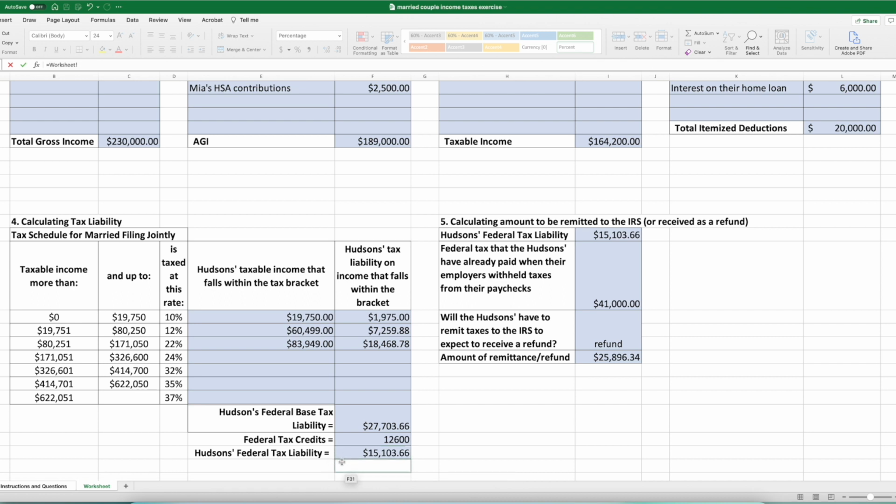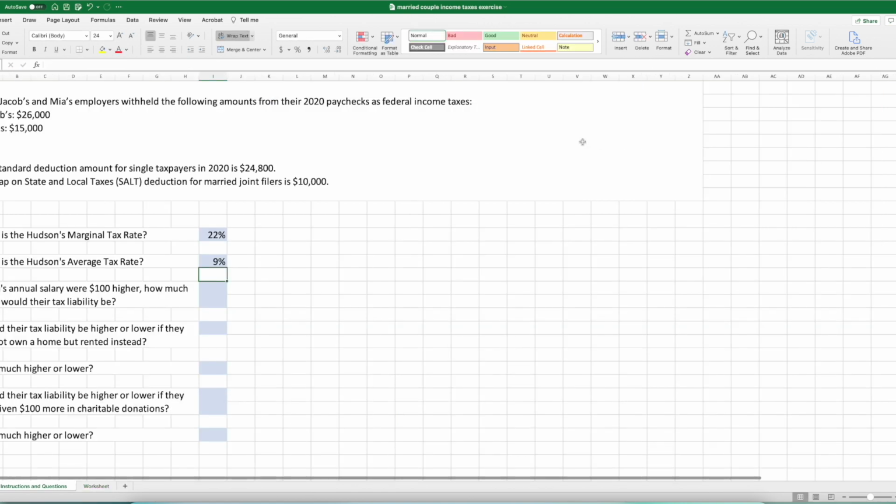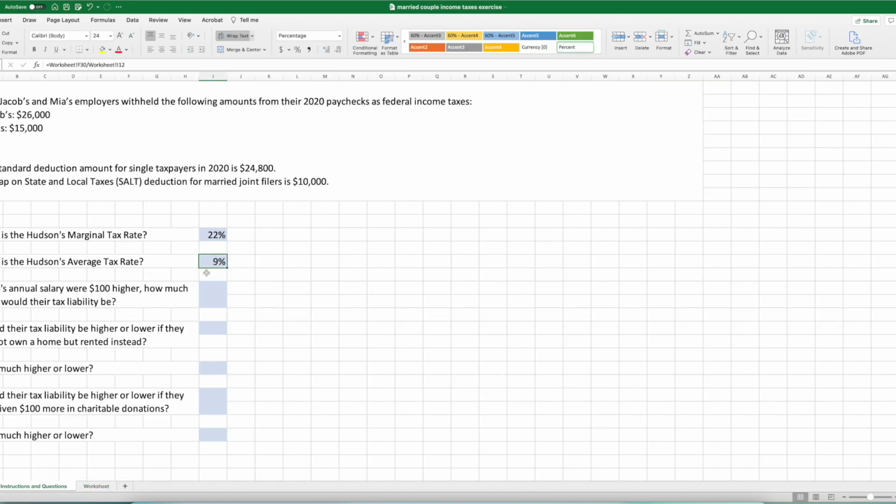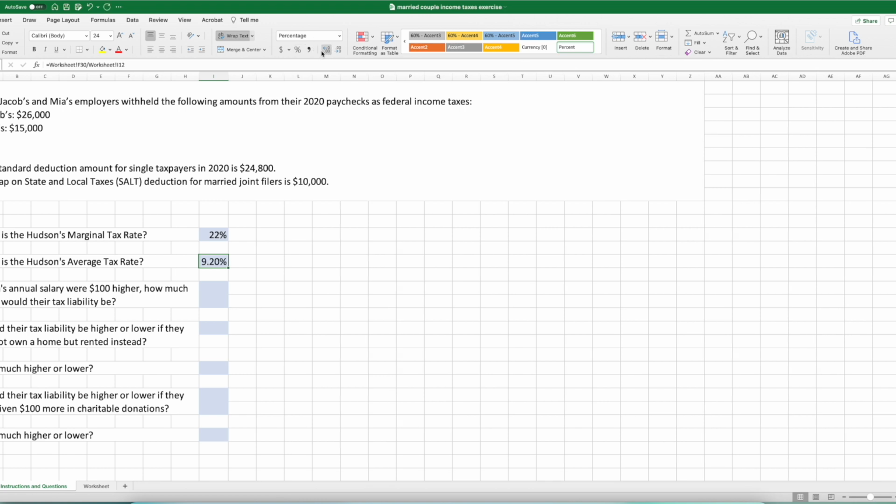Their tax liability is $15,103. So I select that cell, and then I divide it by their taxable income. And then I press enter, and it tells me that their average tax rate is 9%. If I increase the decimal points, it's 9.2%.